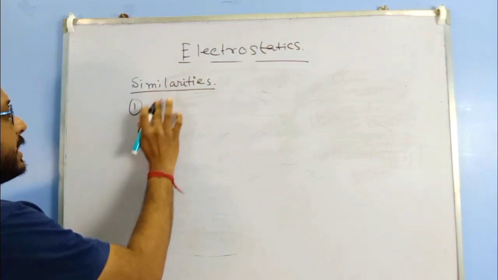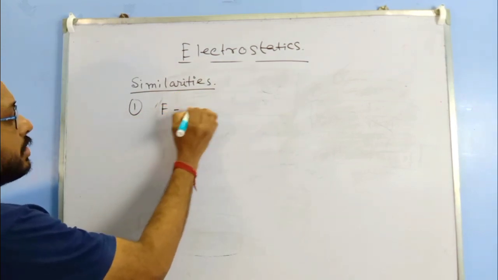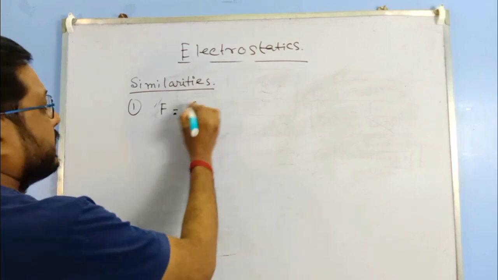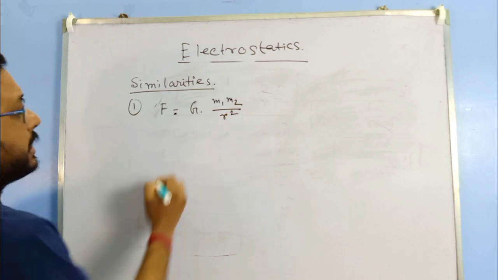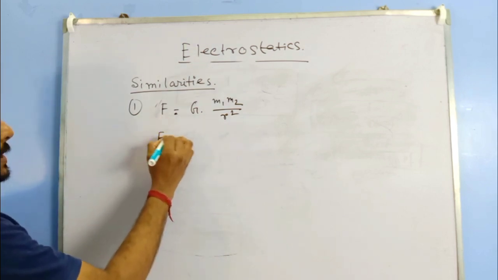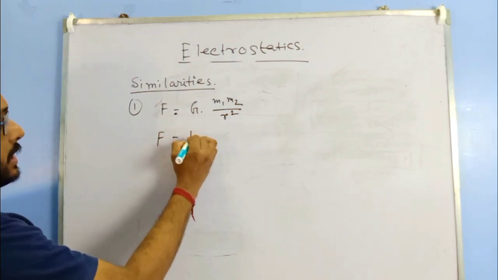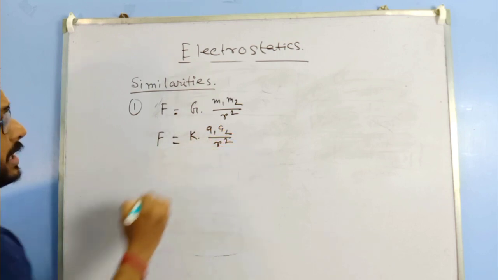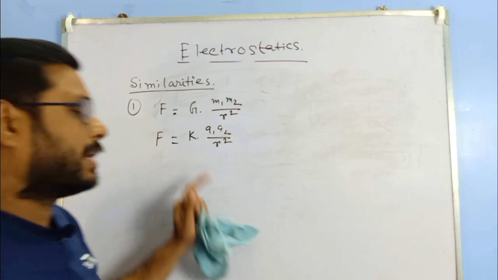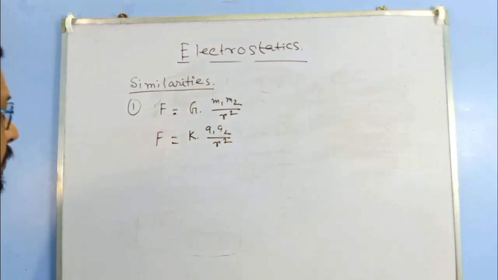gravitational force is given by F equals G, the universal gravitational constant, m1 m2 divided by r square, and the electrostatic force is F equals K q1 q2 divided by r square. For SI value, K equals 1 by 4 pi epsilon naught.